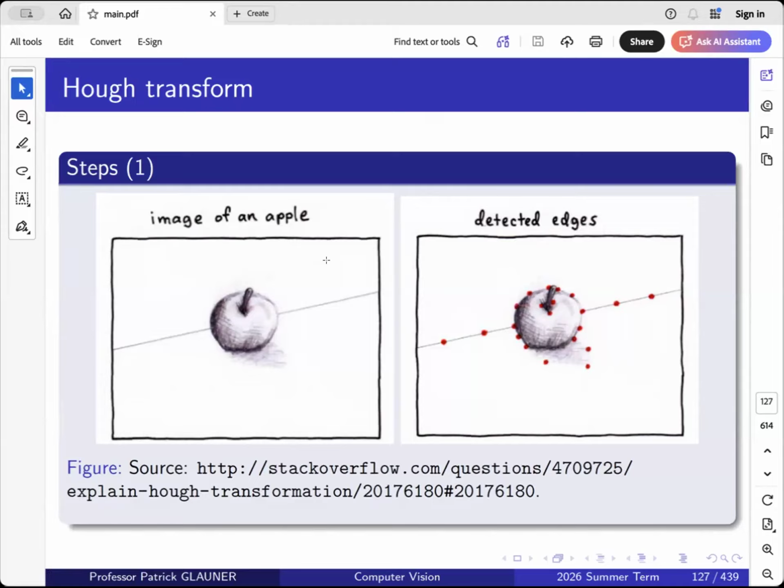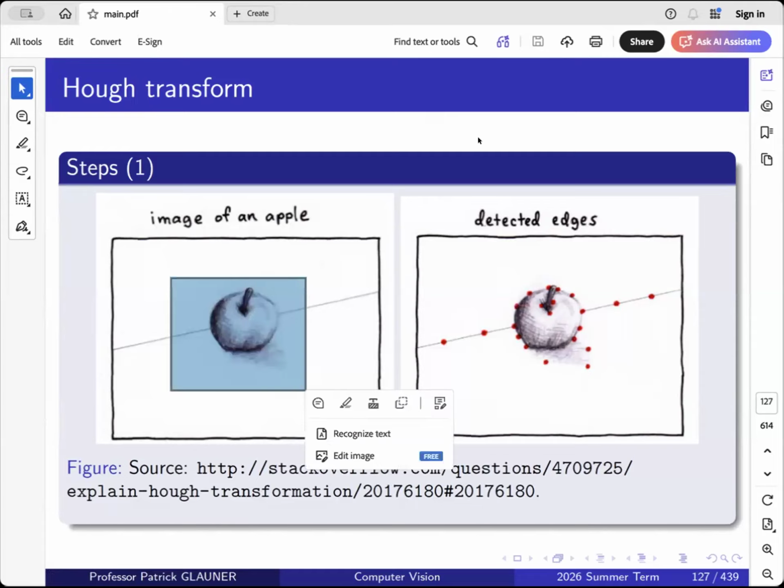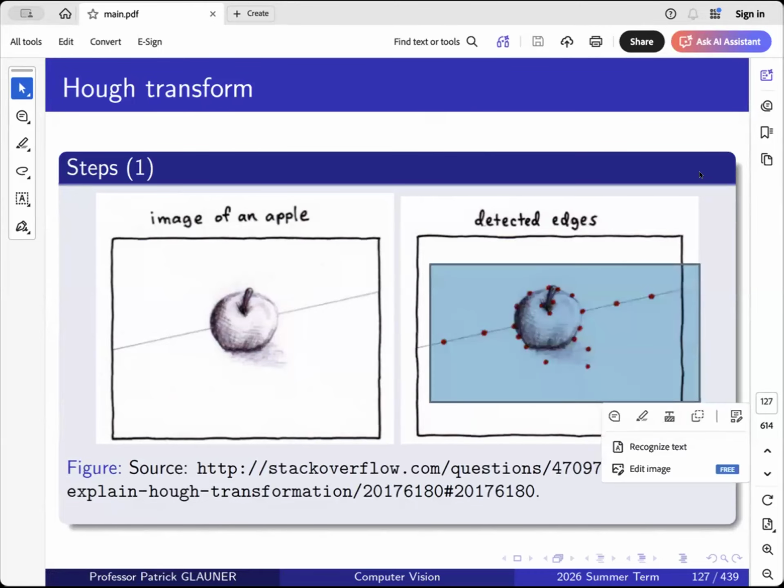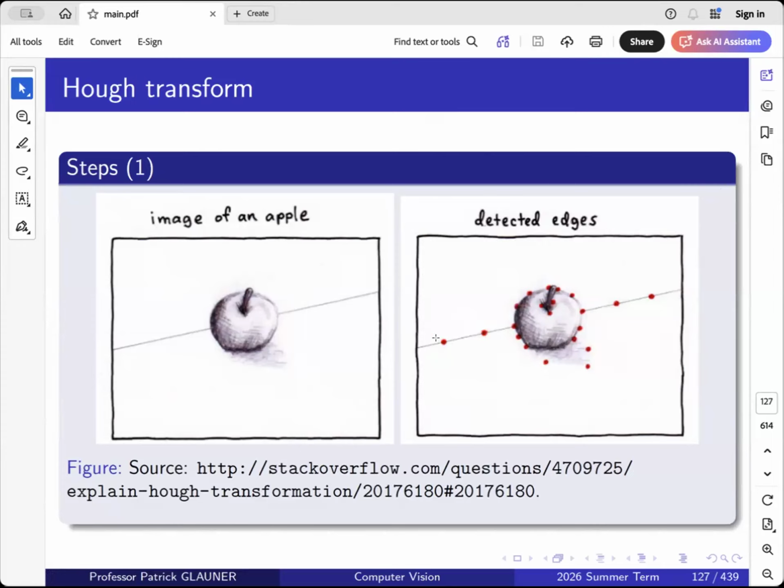So I'll show you this example. We have an image of an apple. We apply edge detection, and we get, obviously, this is just an illustration, but we can still follow it, these points from an edge detector in red. What do you think when I want my straight line? Are most of these edges on the straight line or not?